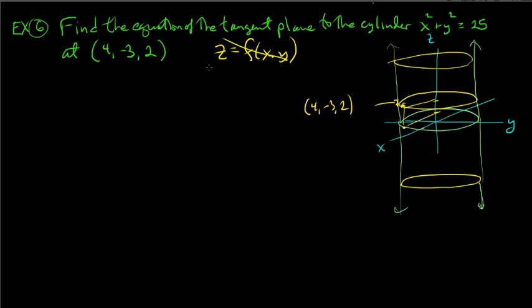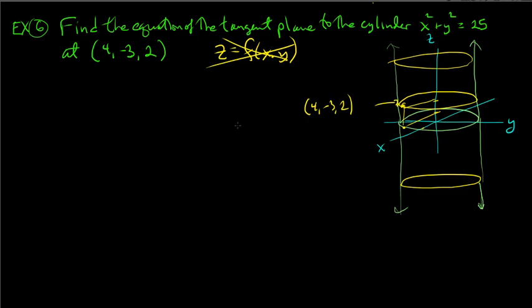So I don't think we can do it that way, which is probably why we haven't asked you for the tangent plane of a cylinder yet, at least not a vertical cylinder like this. If you have a horizontal cylinder, then you can think of it as two surfaces, the top and the bottom, plus the square root and minus the square root.